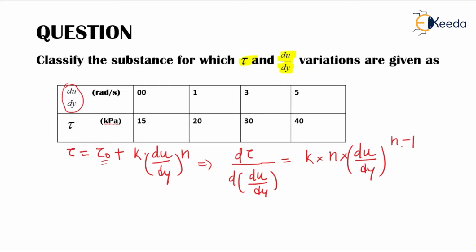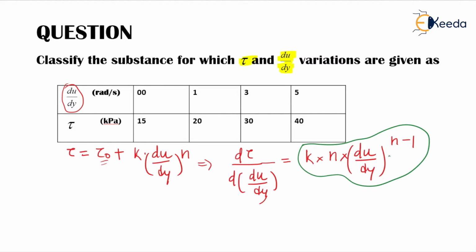Why is this important for us? Because the n value will decide. Now this is the slope on the tau and du over dy axis. If we talk about tau, shear stress, and this is the rate of shear strain, on that axis the slope will be decided by this value. If n is greater than 1, then the slope of the curve will increase with increase in du over dy, so we can write increasing slope.